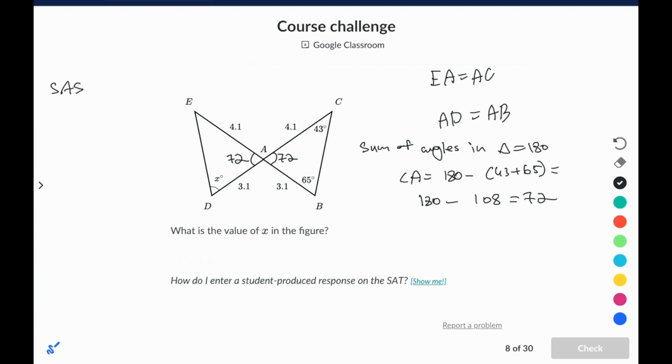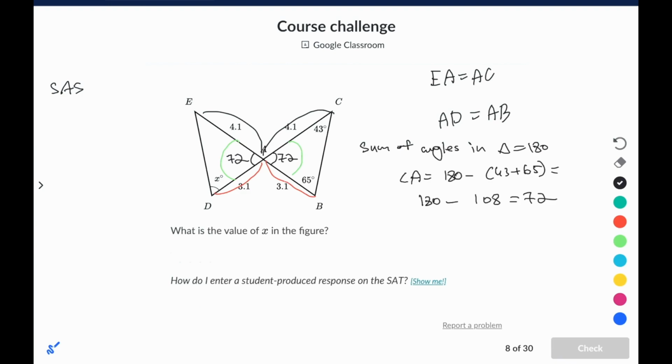Side angle side applies when two triangles have the same two sides and the same angle between these two sides. And this applies to our triangles because this side is the same as this side, and this side is the same as this side, and the angles between these sides are also equal. So we have SAS, or we can also say that these triangles are congruent.